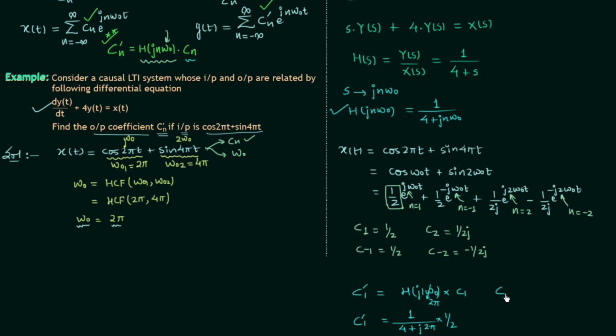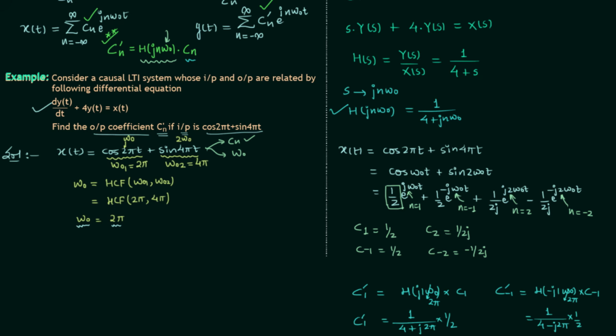Following the same process, we will obtain the coefficient c minus 1'. It will be equal to H(-j1ω0) multiplied by c minus 1. ω0 is equal to 2π. So we have 1 over 4 minus j2π multiplied by 1 by 2.